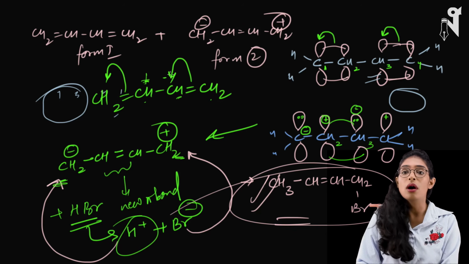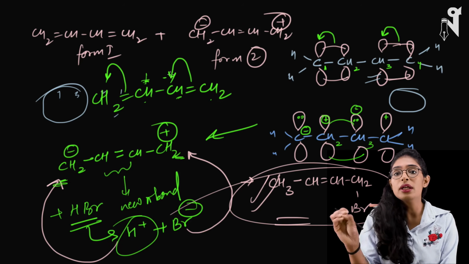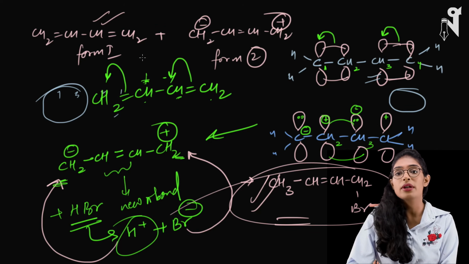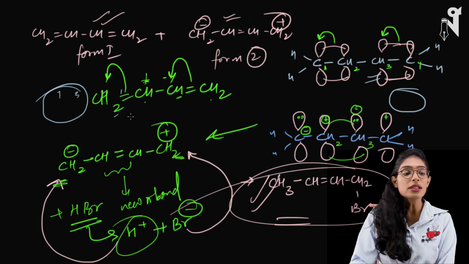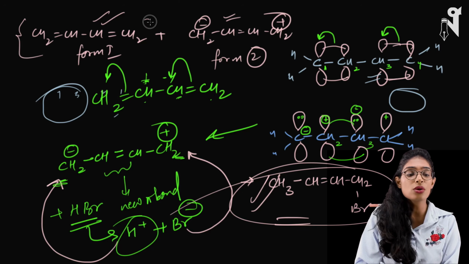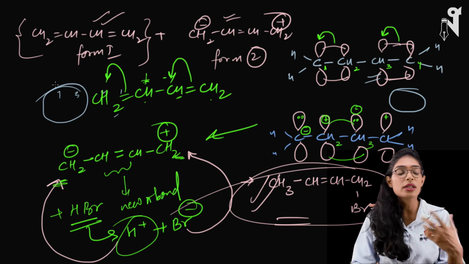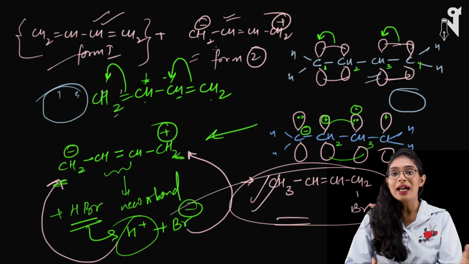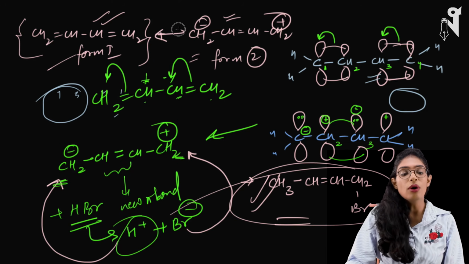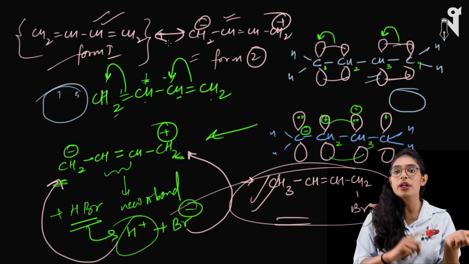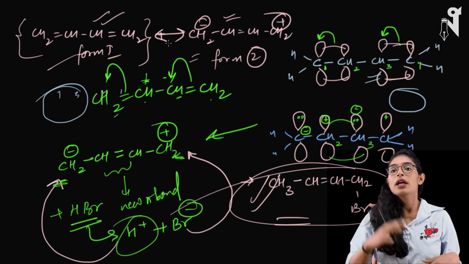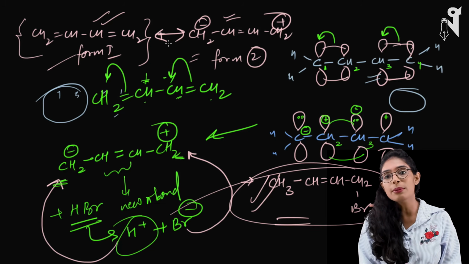So if I'm talking about my buta-1,3-diene, neither this structure is a complete structure for buta-1,3-diene, nor is this one, because one product is being given by form 1 and another product is given by form 2. That means form 1 and form 2 are interconvertible. When it is form 1, it forms the first product, and when it is in form 2, it forms the second product.